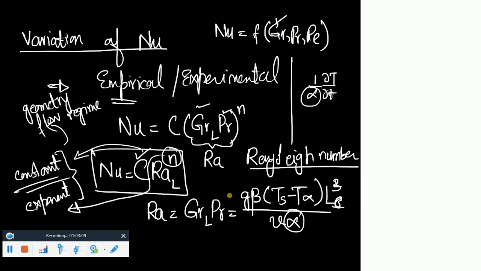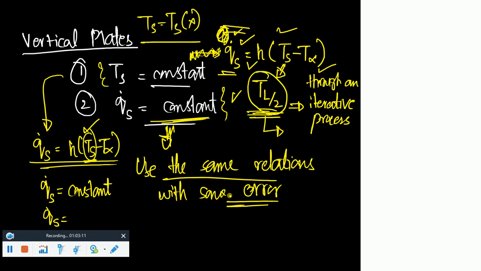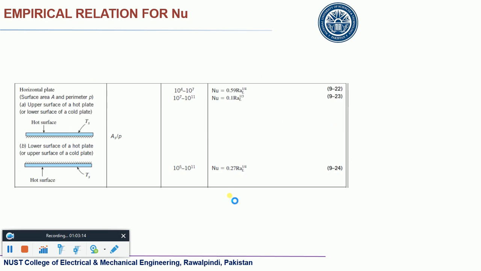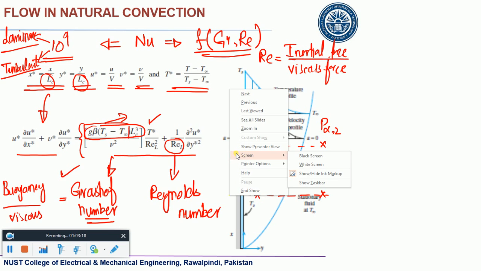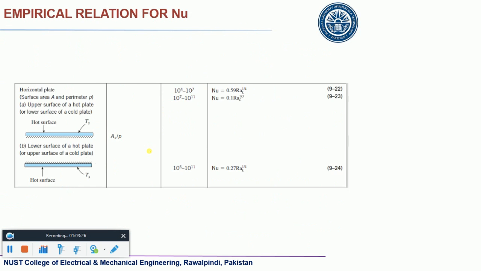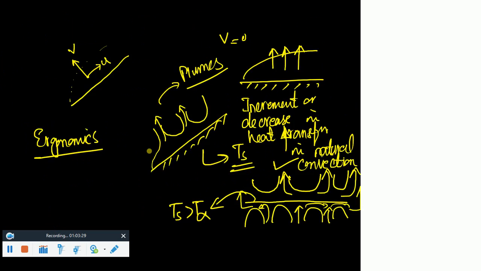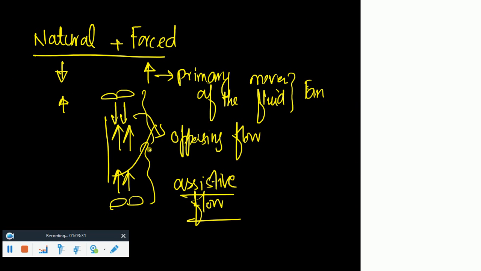And based upon this parameter, just see, we have a parameter of Grashof number over Reynolds number square. Just see, isn't it? This is the Grashof number and this is the Reynolds number squared. So Reynolds number is something which is related to the forced convection, which is taken as a representative of the forced convection.